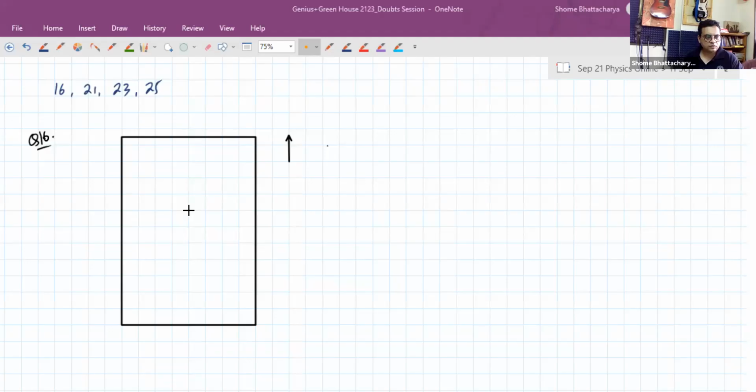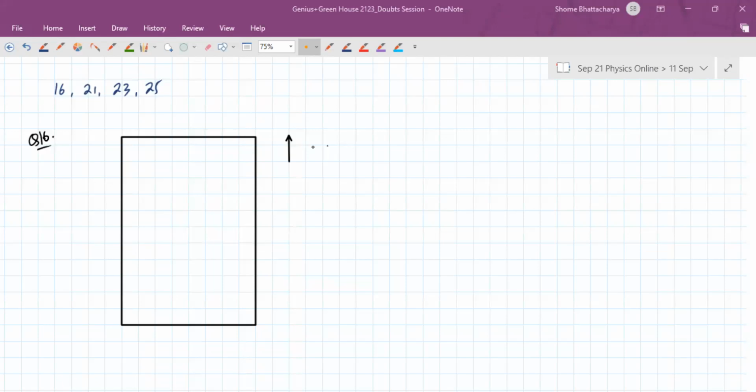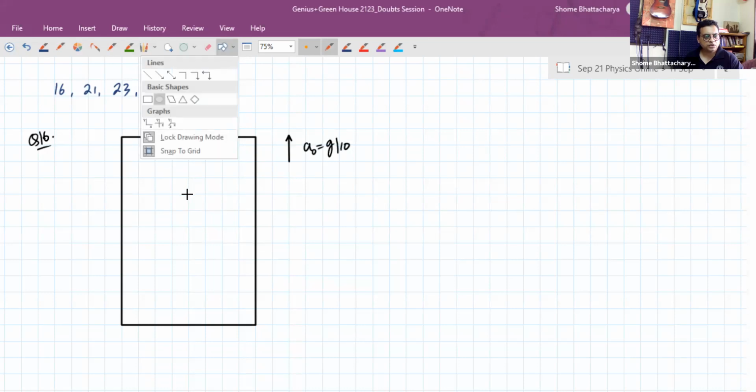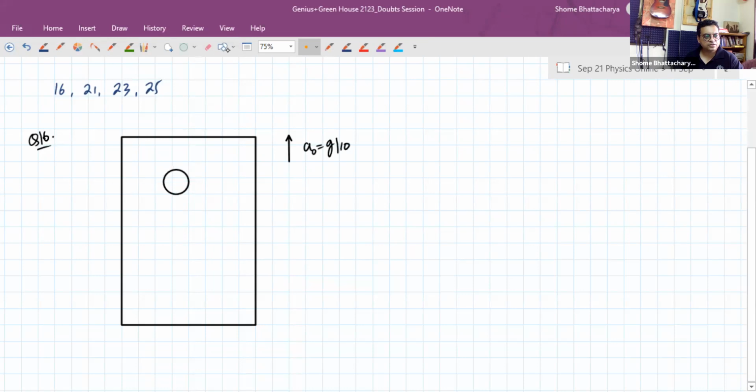So we have an Atwood machine which is inside an elevator. Oh, sorry, the screen is not shared. Okay, this one. Is it there now? Yes, sir. Right. So this is going up with an acceleration, let's say A naught, which is g by 10 in magnitude, and inside this we have a pulley which is attached to a spring balance.